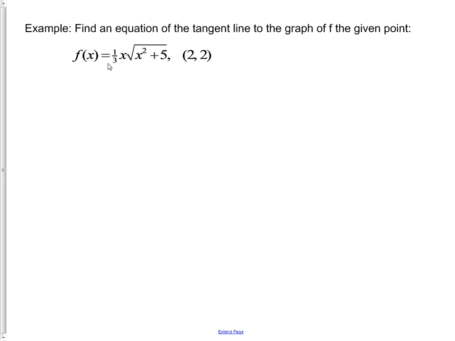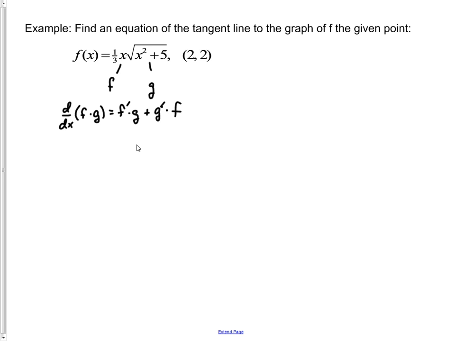We're going to take our derivative by treating this as a product of two functions. So we've got a function f, and we've got a function g, and we know that if we take the derivative with respect to x of f times g, our thinking goes: take f prime times g plus g prime times f.